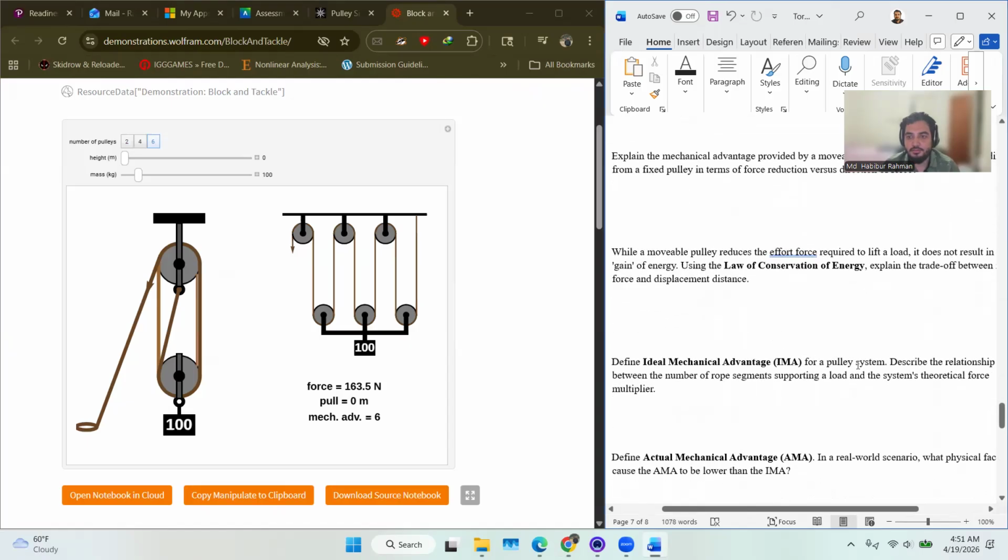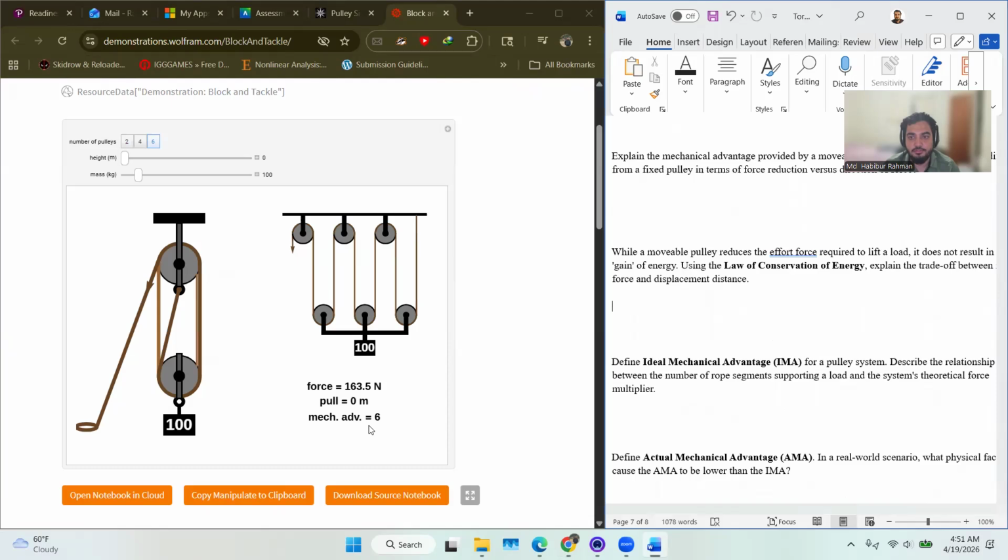Ideal mechanical advantage for a pulley system: it is supposed to be 1/6, made 1/6 by using 3 moving pulleys. It makes 1/6 of the force. So you have to understand that it increases the force a lot.